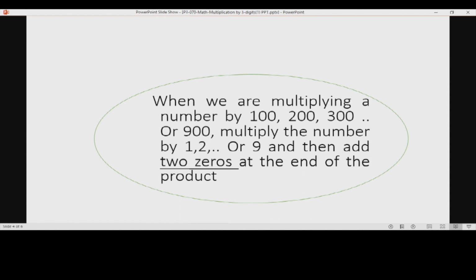Final one. 1 times 3. 1 times 300. 3, 0, 0. Just add 2 digits to the end and you have your answer.